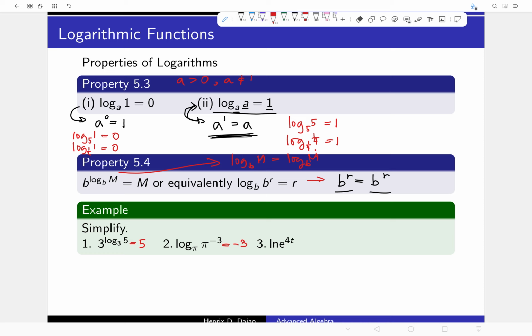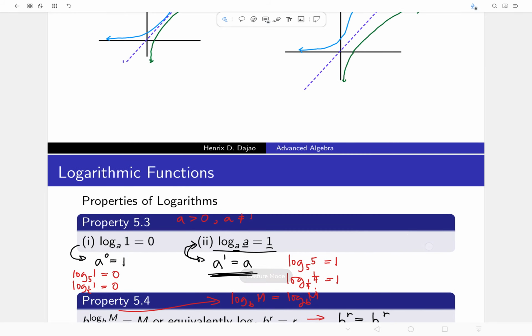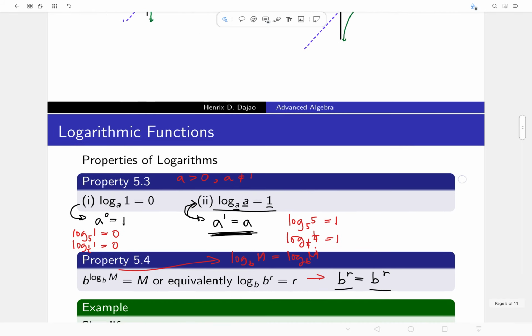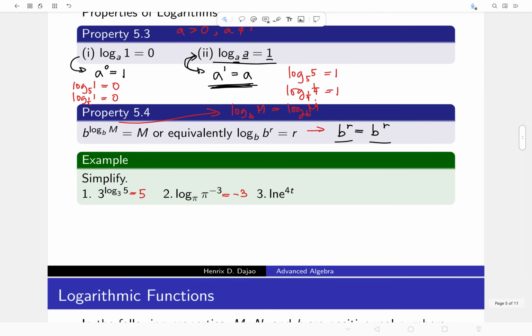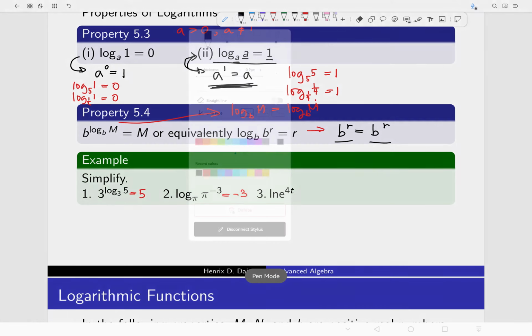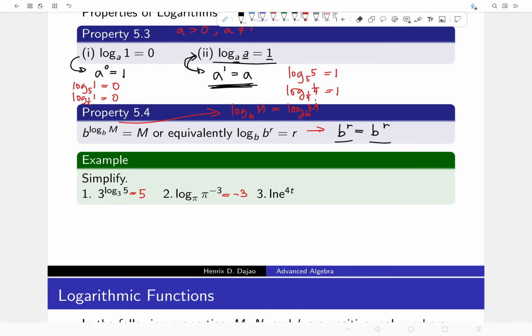Okay. So before we proceed to number 3, allow me to go back, because I forgot the case wherein we already knew that the logarithm of x with base b is equal to y.